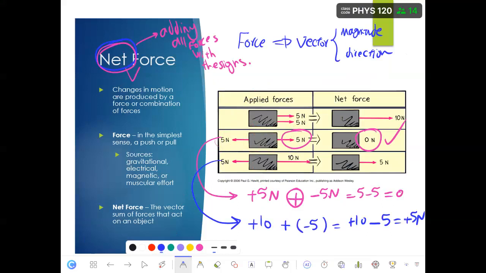When you add these forces, if it becomes zero, Newton's first law. If it's not zero, Newton's second. Make sense? That's why net force becomes really important when we are analyzing a motion of a particle. Any question about net force? Is it clear?